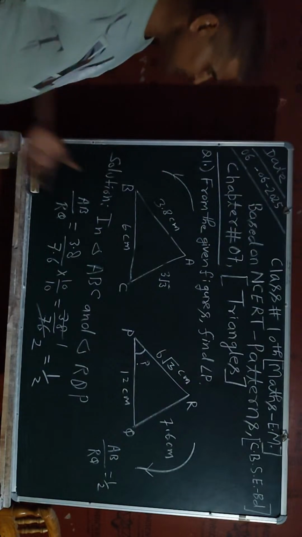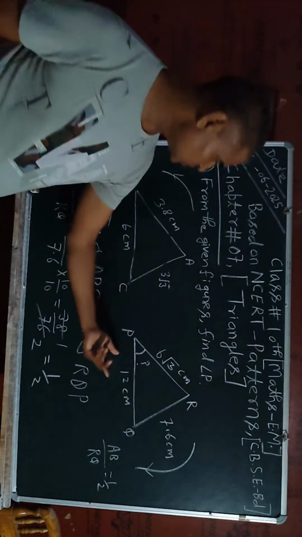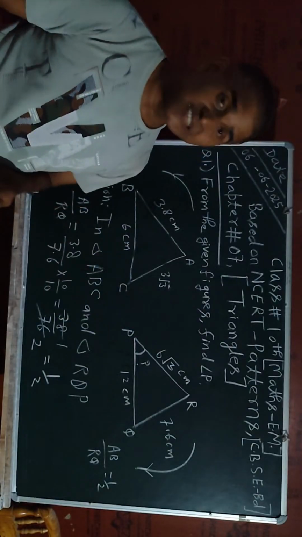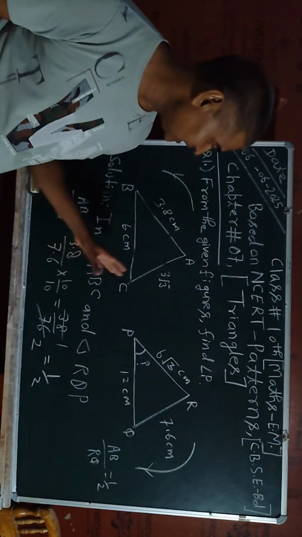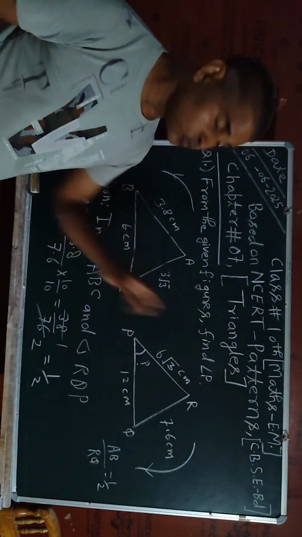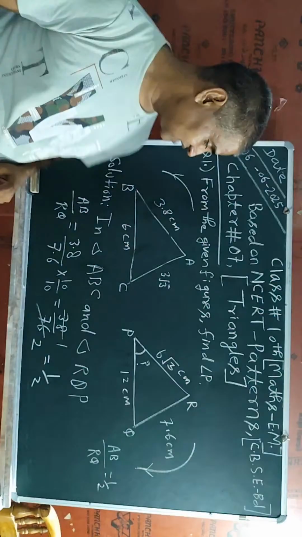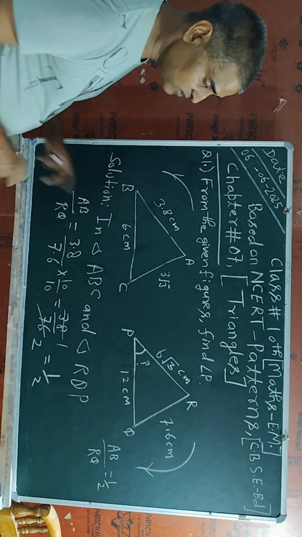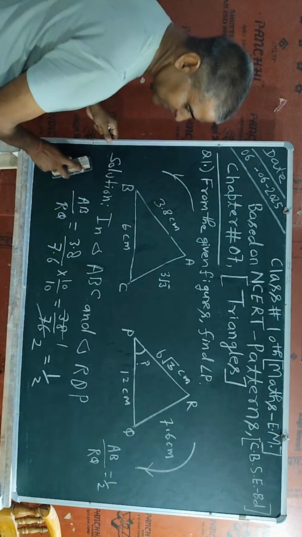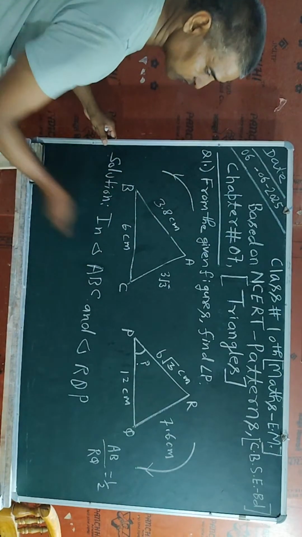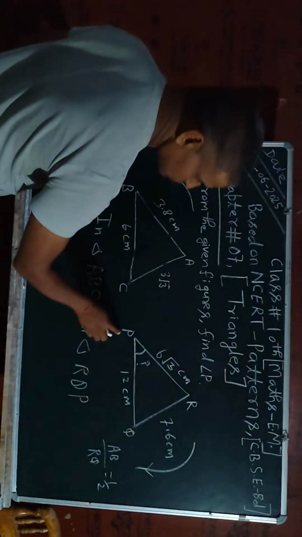Similarly, I will consider this ratio by this ratio and also this ratio by this ratio. And if I get the same ratio, then I will say these two triangles are similar on the basis of side. Okay, students, because I will use the concept of side and then find its value, and then I will also get the value of P here.